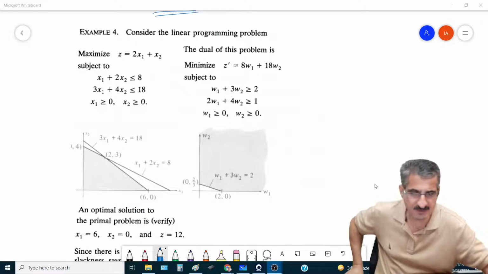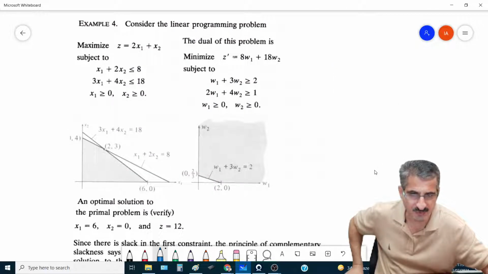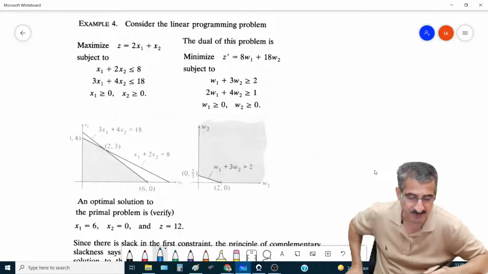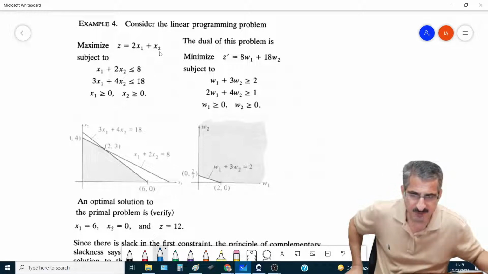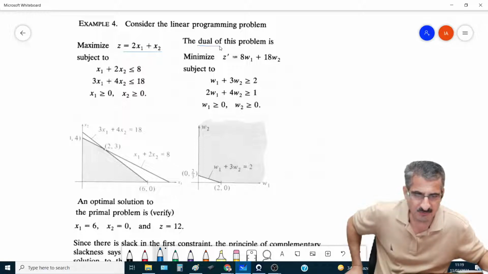Okay, again, let's see how we benefit from the above theorem, called complementary slackness. Consider the linear programming problem. So this is the primal problem, and these are the constraints. Then the dual problem is that.